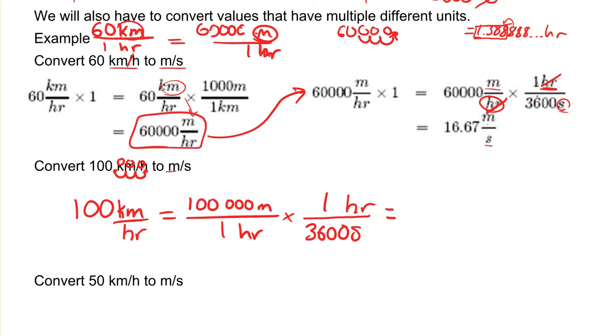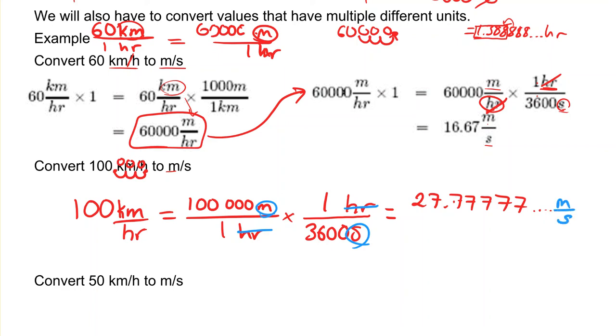When we perform that calculation, we get 27.7777 and so on. And our units are, well, hours and hours cancel out because they're on opposite sides of the fractions. So we're getting hours divided by hours, and they cancel. What are our units left? Meters and seconds, so meters per second.